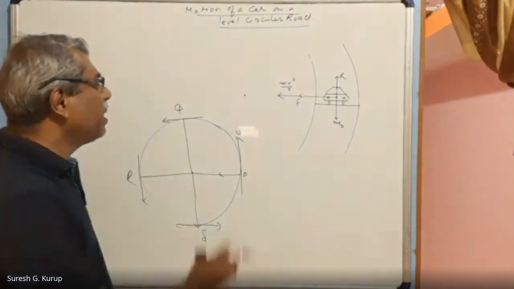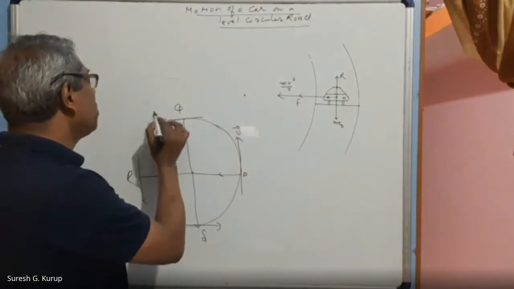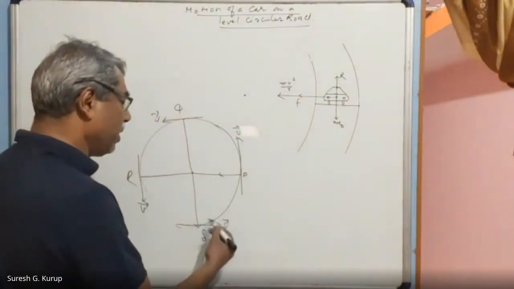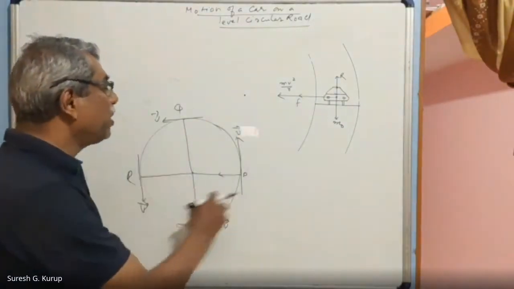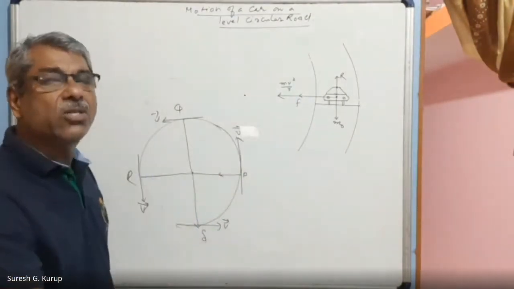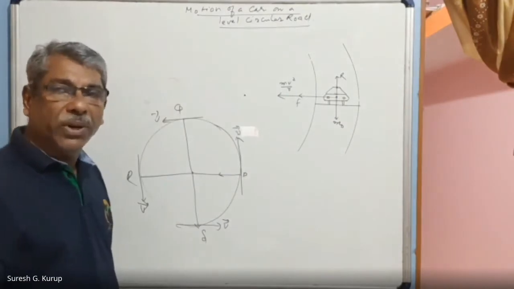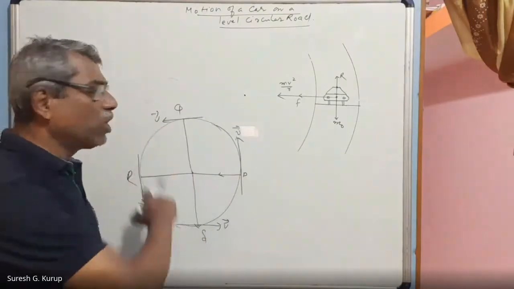At P this is the tangent, at Q this is, but all these velocity directions are always changing. But remember, its magnitude, which is called speed, is always a constant, right? So this is what is called uniform circular motion.